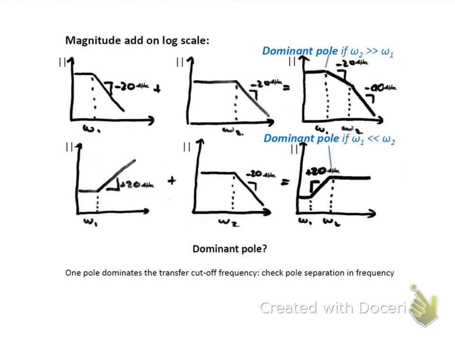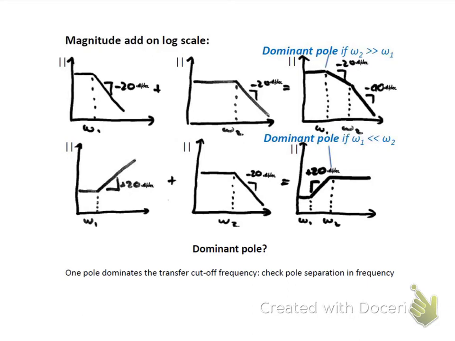Here there's not really much going on other than the dominant pole discussion. The one thing about the dominant pole is you need to ask yourself: is there one pole that controls the whole cutoff, the whole frequency response of this amplifier?